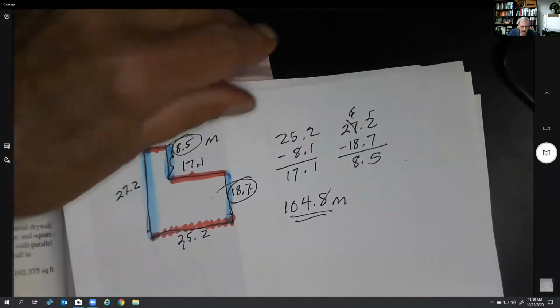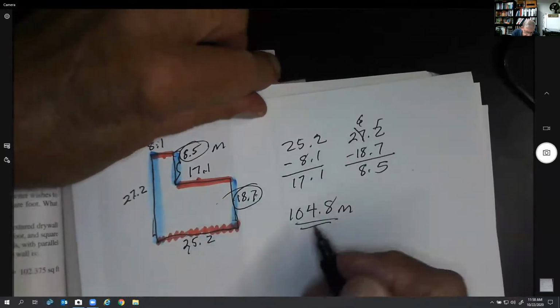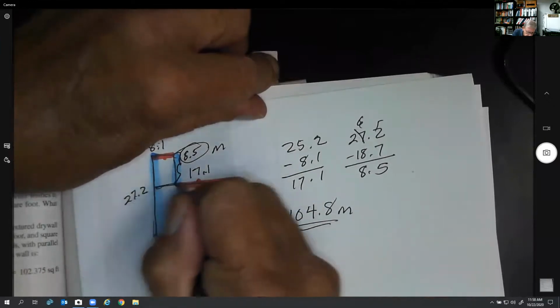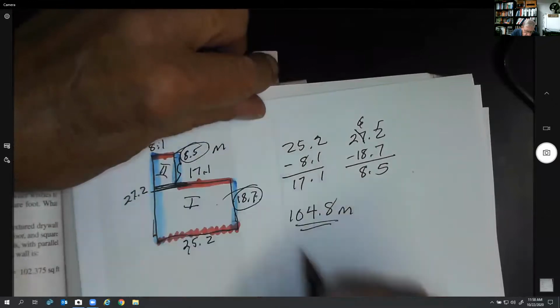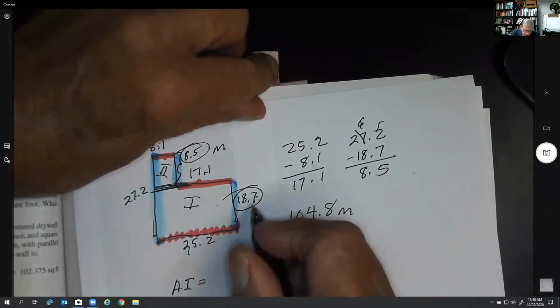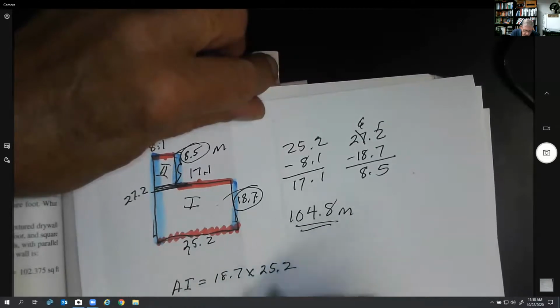Now, what if I want to find the area of this figure? To find the area, I'm going to split it up into two parts, 1 and 2. I'm going to find the area of this part, area of 1, which is going to be 18.7 times 25.2. Then I'm going to find the area of number 2.